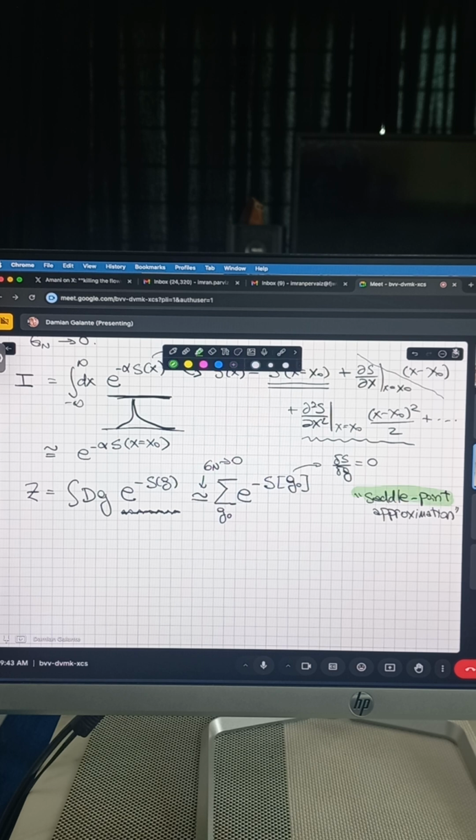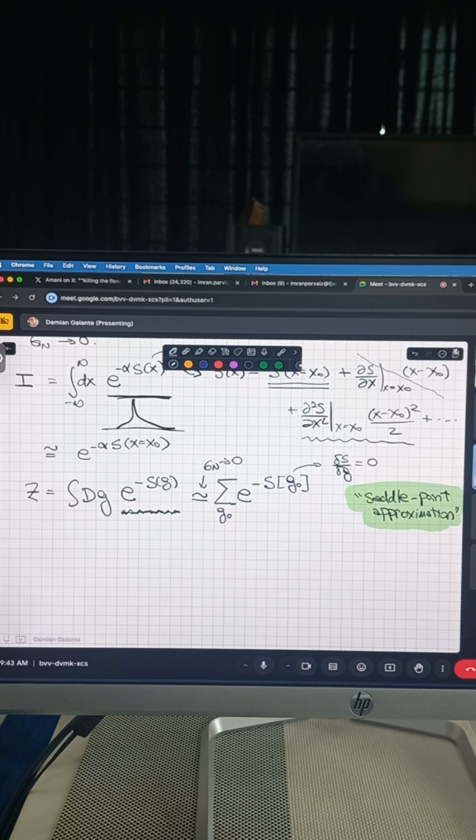Maybe you've seen it in some mathematical methods course, or in quantum field theory, if you took some advanced module that includes the path integral. But the idea again is that if you have a parameter that is very small or very big, there's a way of approximating these path integrals by just computing the value of the action at the solution.